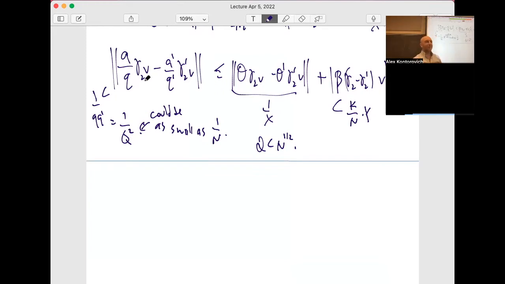It was 1 over root n before, it was 1 over q. That can only happen if q and q prime are on the diagonal. If q and q prime are the same, then the mesh isn't 1 over q prime, it's just 1 over q. But that's small, and we'll see that cancellation.